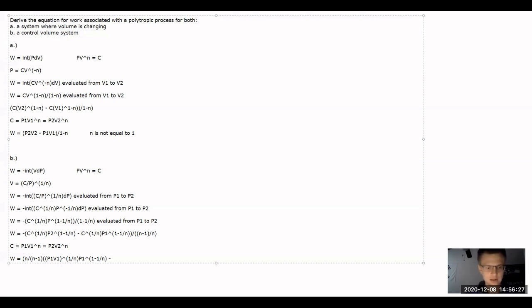Now we can subtract P2 V2, which is the constant at point 2, raised to the 1 over n times P2 to the 1 minus 1 over n.